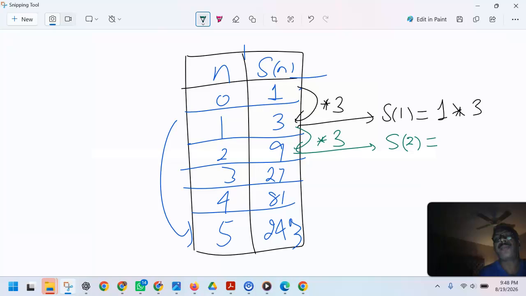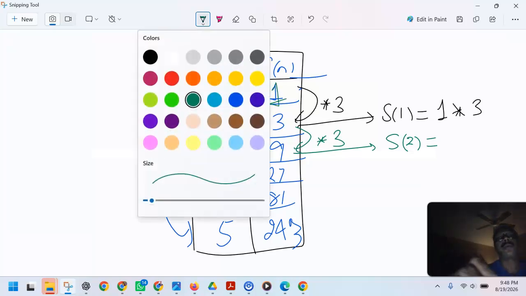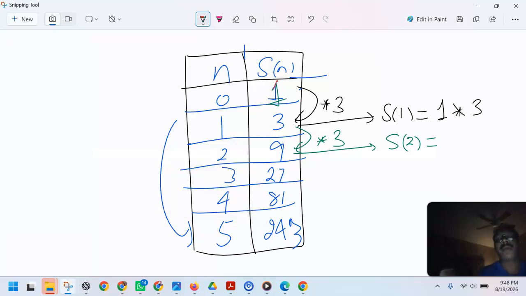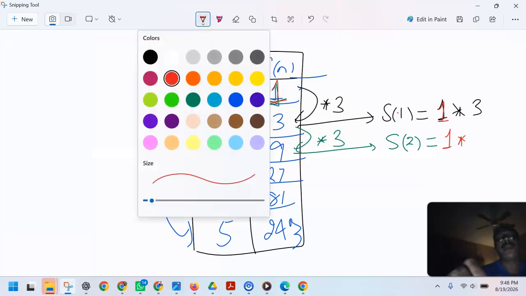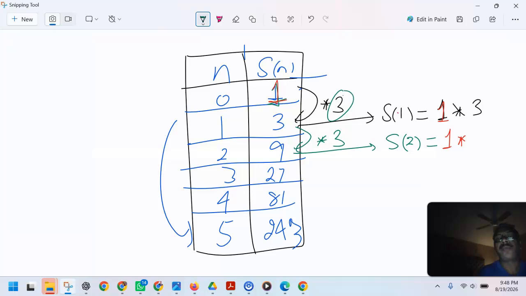But this time, 1 was the beginning, there was a single one. And now you are multiplying 3 times 3, so it is 3 squared.